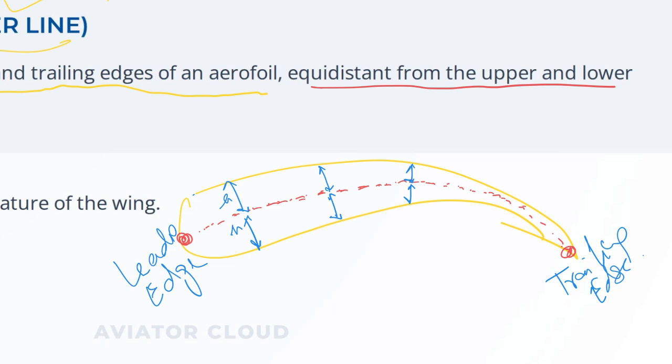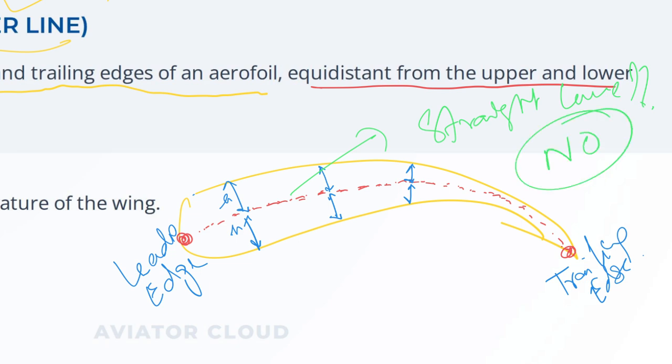So my question is, is the mean camber line a straight line? Yes or no? You can comment. The answer is no. The camber line is not a straight line. The chord line is a straight line, but the camber line is not.